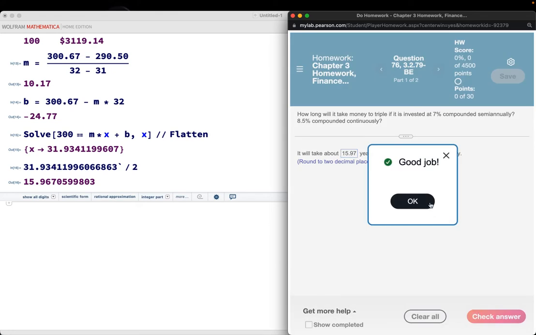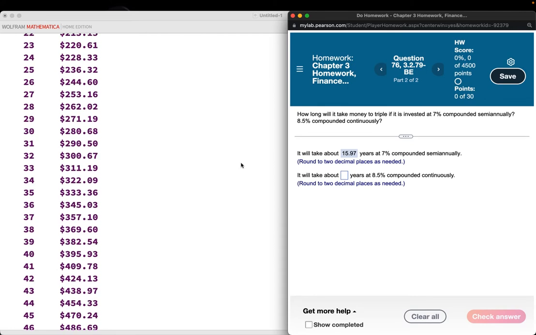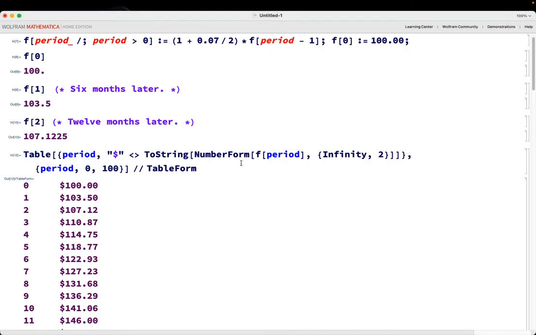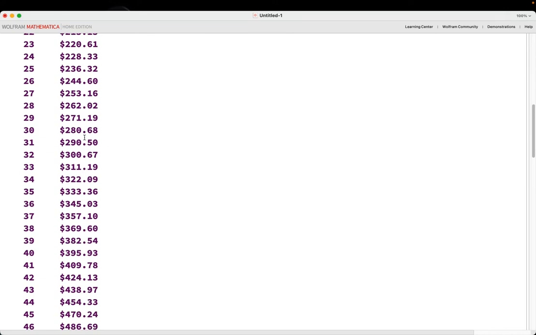And yeah, so Pearson's making the problem kind of tricky, because they want you to do something called linear interpolation. Linear interpolation basically means I know that the answer is somewhere between 31 and 32, and then you have to figure out the equation of the line in order to find the exact intermediate value where it's going to be equal to 300.